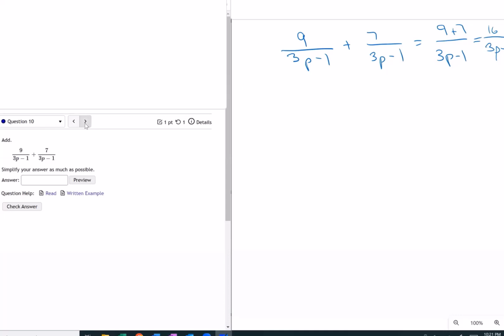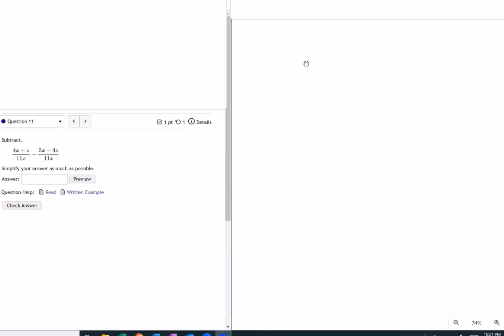I promise it's correct. Same, we still have a common denominator, 4x plus z divided by 11x minus 5x minus 4z divided by 11x. This you have to be very careful with.